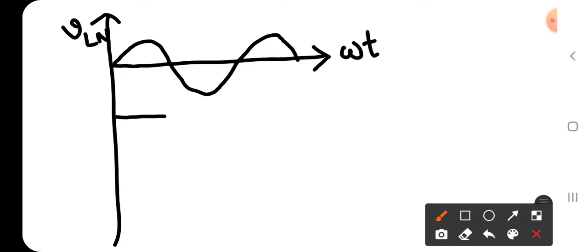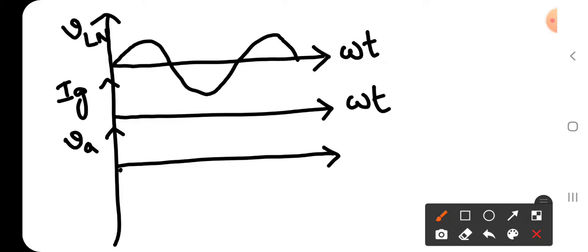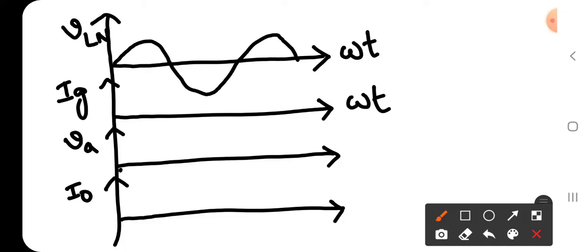Next, this is gate pulse IG. You can draw neatly, because of space considerations I am unable to draw completely. This is output voltage Va or V naught, and this will be output current I naught.